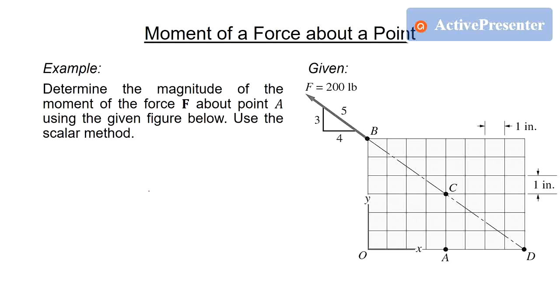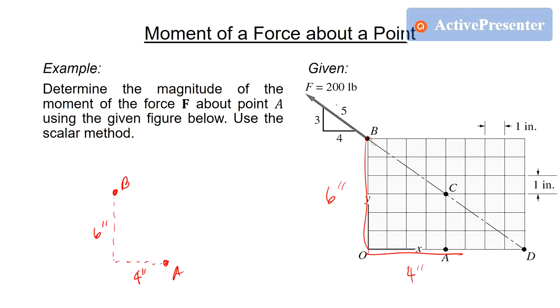Because if we express it into rectangular components, we will have the direct values of D. In this case, we have point B right here, and this is point A. As you can see, this is the box. So this is B and A, and this is 6 inches and 4 inches.